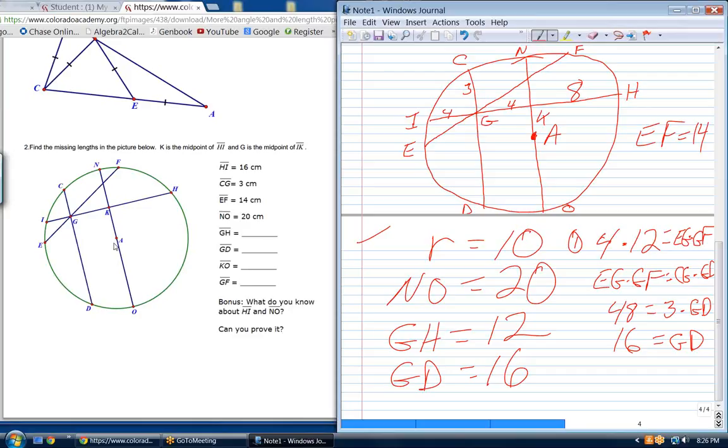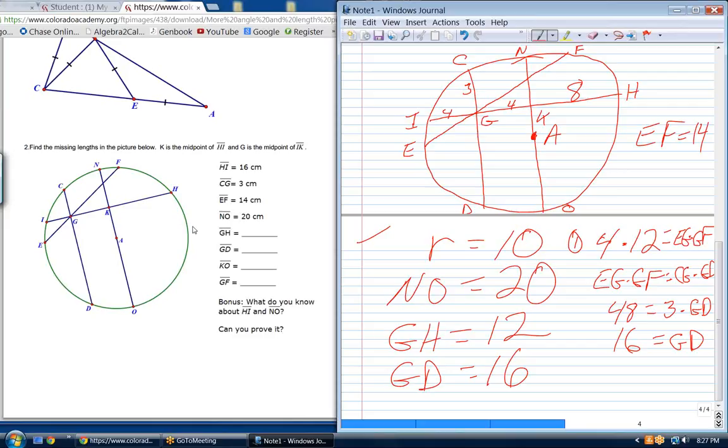So can we solve for KA? Or NA. If we solve for NA, we'll know KA.